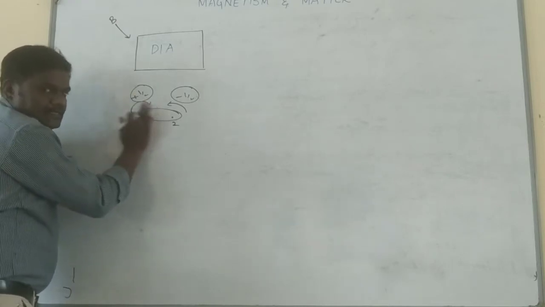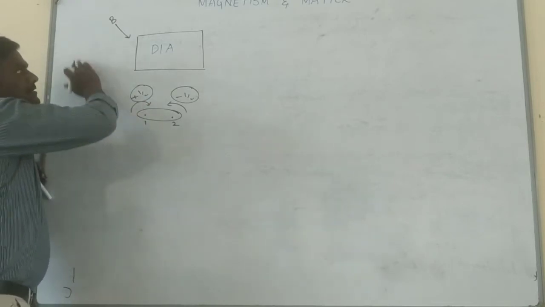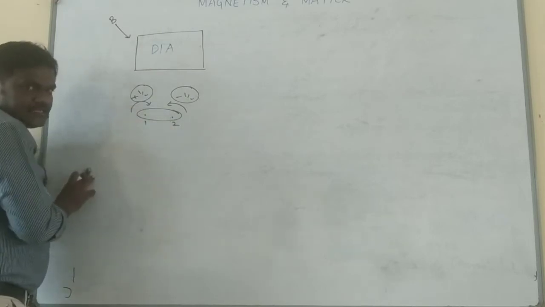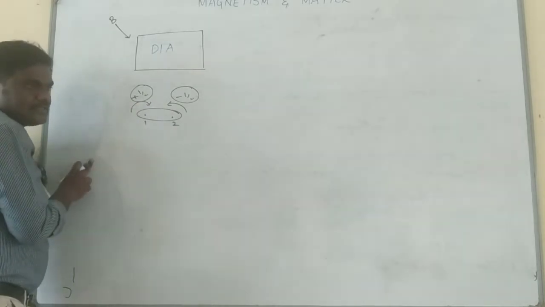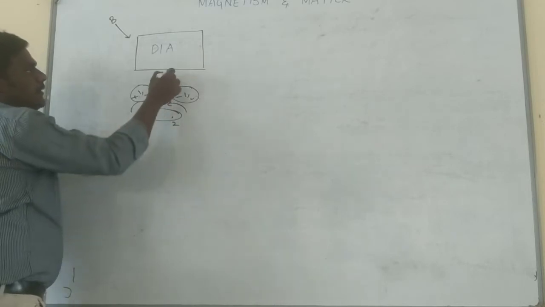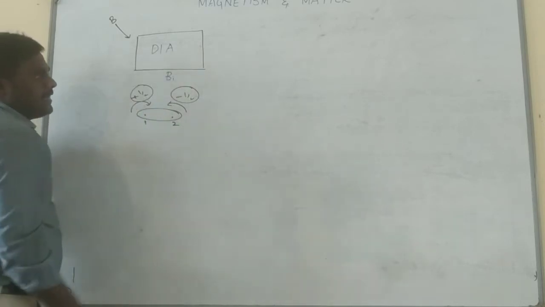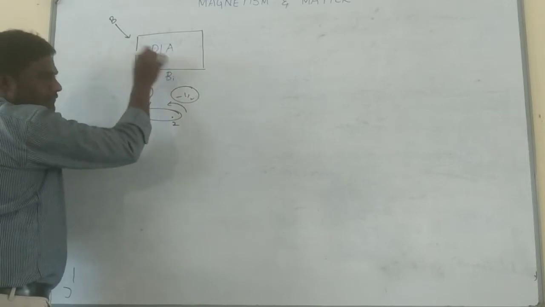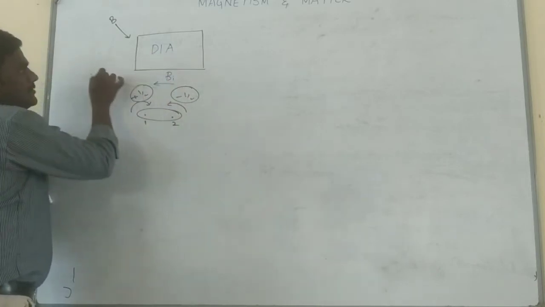Net magnetic moment is zero. When they are placed in the presence of an external magnetic field, a slight separation takes place. Velocity increases, and because of that only, separation takes place. Magnetic moment will develop, and the developed magnetic moment, B_H, stands for the induced magnetic moment or magnetic field inside, will act opposite to the applied field.